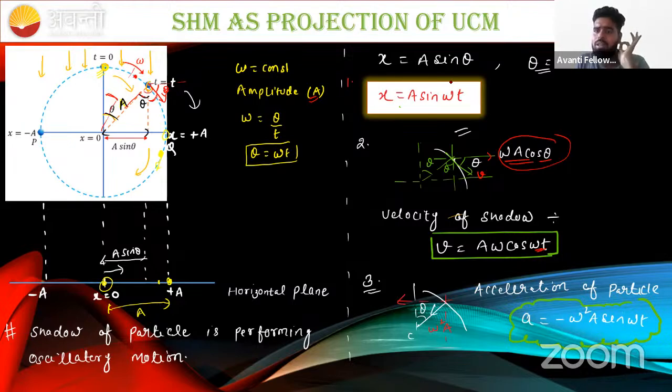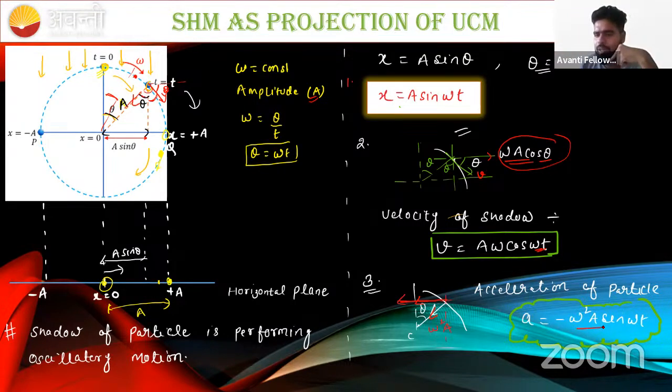The second point: what is the acceleration? This particle is performing uniform circular motion, which means there is only one acceleration, the centripetal, acting toward the center. And what is its component in the horizontal direction? Sir, this is acting in this direction. Yes, because the particle is moving in this direction, and that is the first condition of SHM.